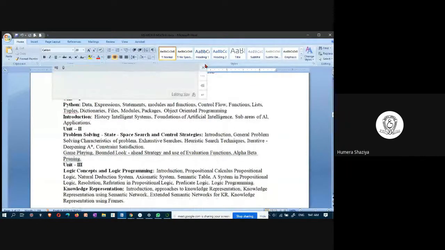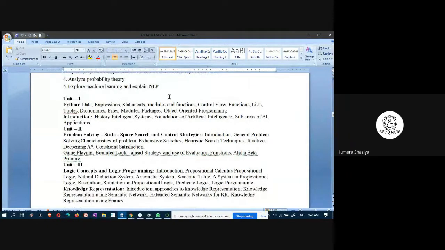Python, once again, I'm reading. If you have any doubt in any of the concepts, you can ask. Data, expressions, statements, modules, functions, control flow functions, lists, tuples, dictionaries, files, modules, packages, object-oriented programming. Along with the practicals, we covered all these topics.